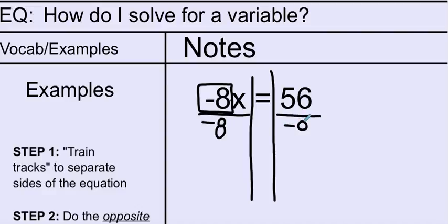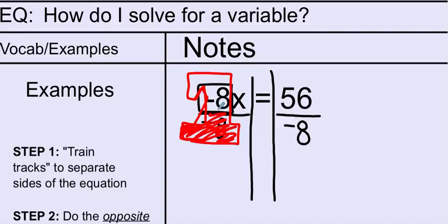I know over here that when I take a -8 and divide it by a -8, a negative divided by a negative is a positive, and 8 divided by 8 is 1. So this turns into a gigantic 1, which leaves me with 1x on this side.